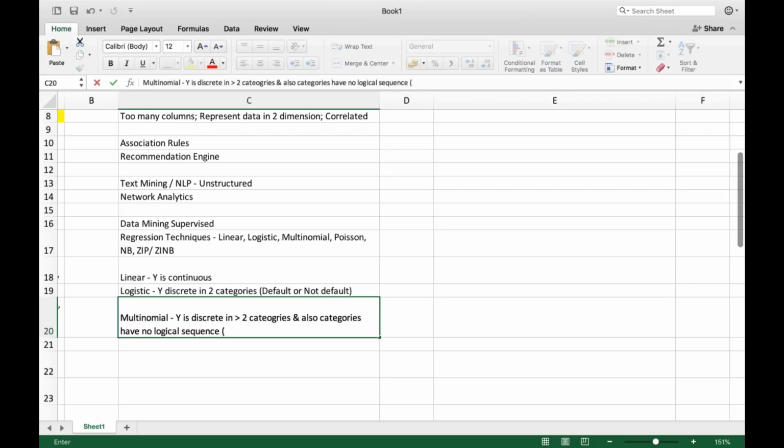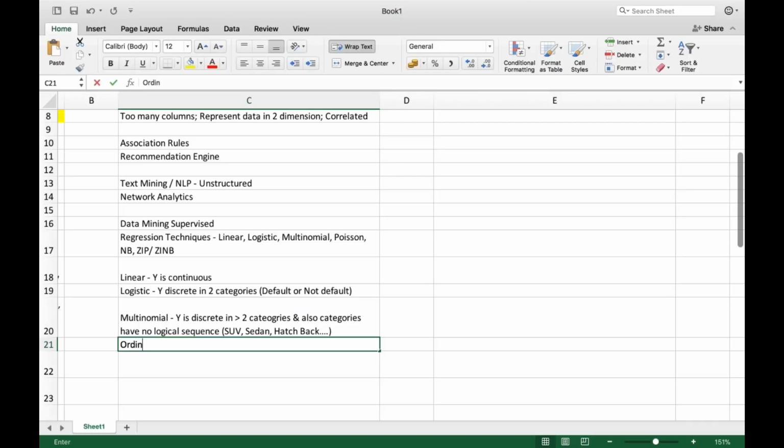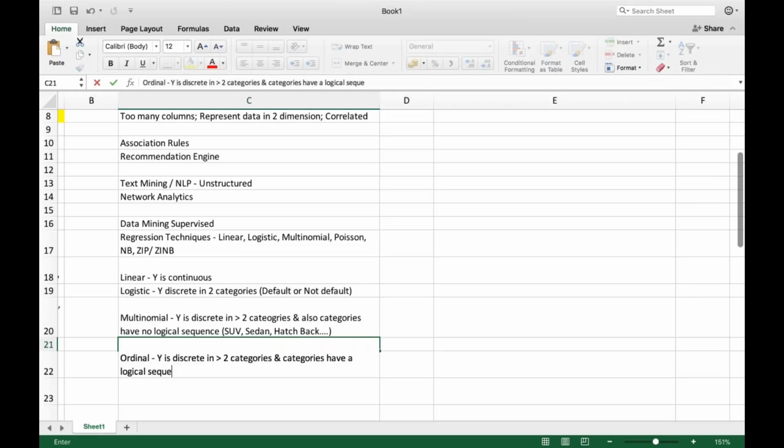Which color vehicle will a person purchase? Which make of car will a person purchase? Will the person purchase SUV or sedan or hatchback? That's having no logical sequence. Ordinal regression, when output is discrete in greater than two categories and categories have a logical sequence.